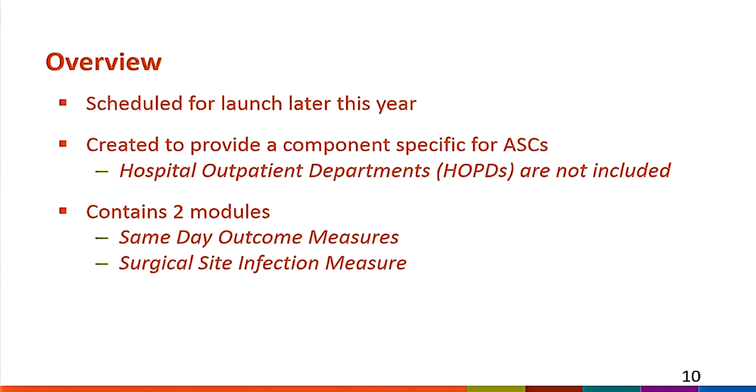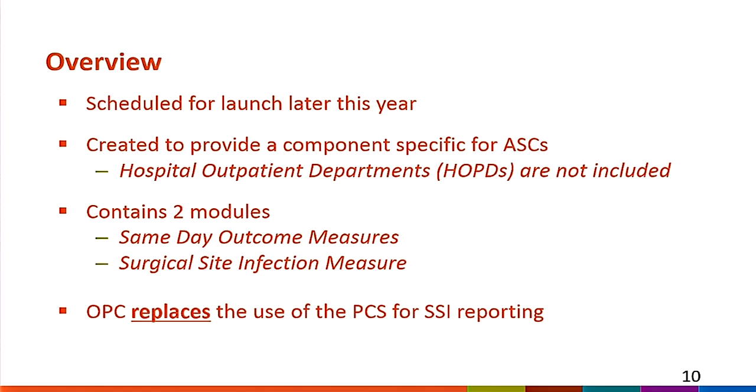Just a quick comment on the prophylactic antibiotic timing measure, ASC 5. This measure is not included in the module as it was discontinued by CMS. OPC replaces the use of patient safety component SSI protocol for SSI reporting for ASCs.